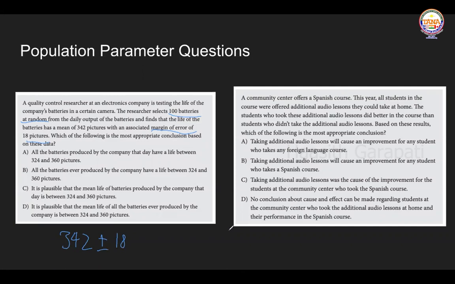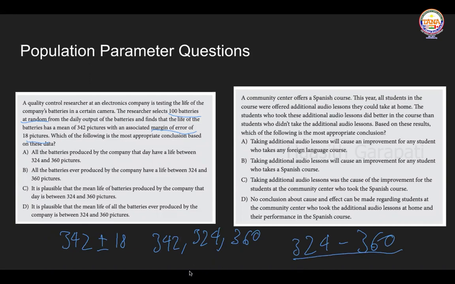So the plus or minus doesn't mean it's going to be 342, 324. I accidentally wrote 324 and then 360. It means that the probable range of battery life is going to be between 324 and 360.